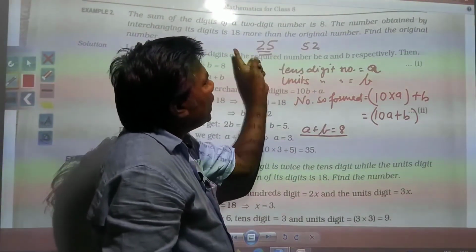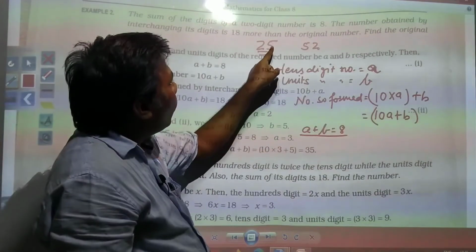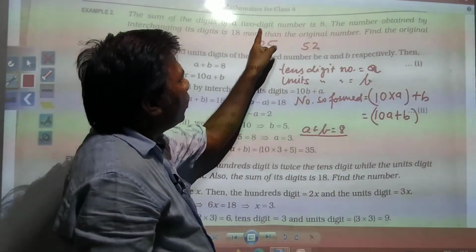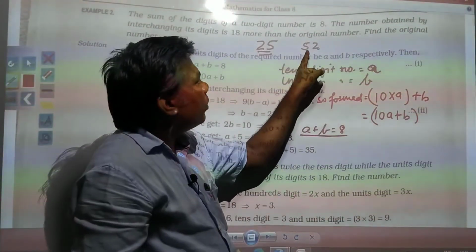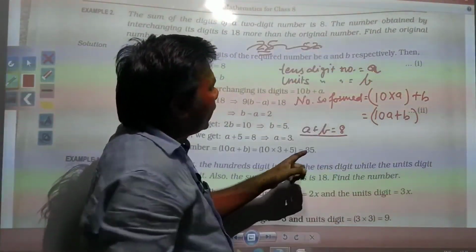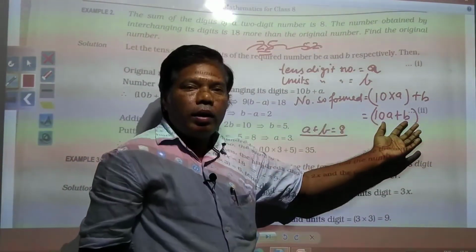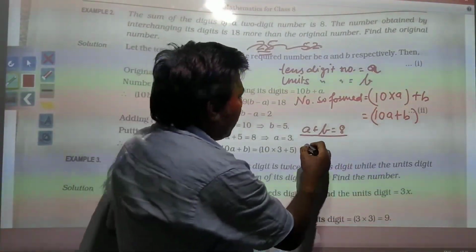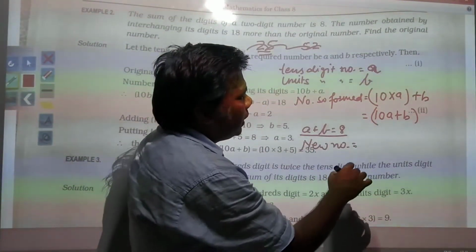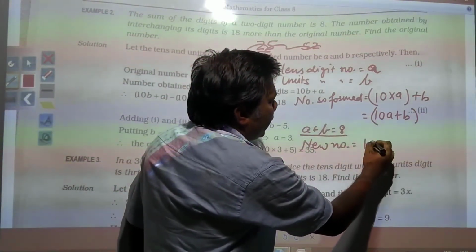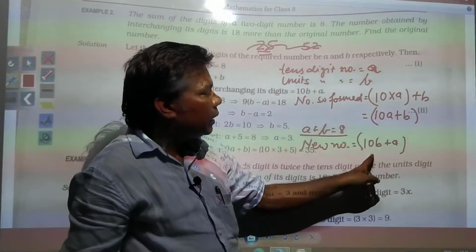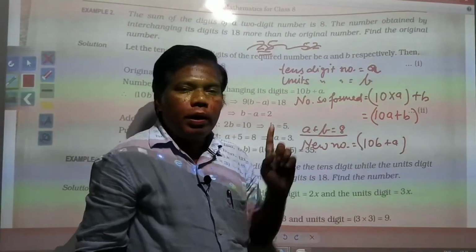If you interchange, the ones digit goes to the tens place and the tens digit goes to the ones place, then your number becomes 52. In the same way, your new number after interchanging will become 10b plus a.